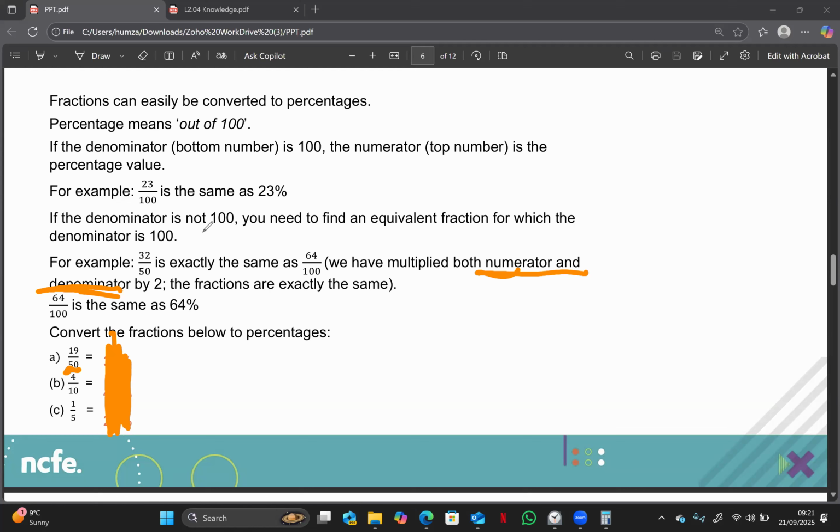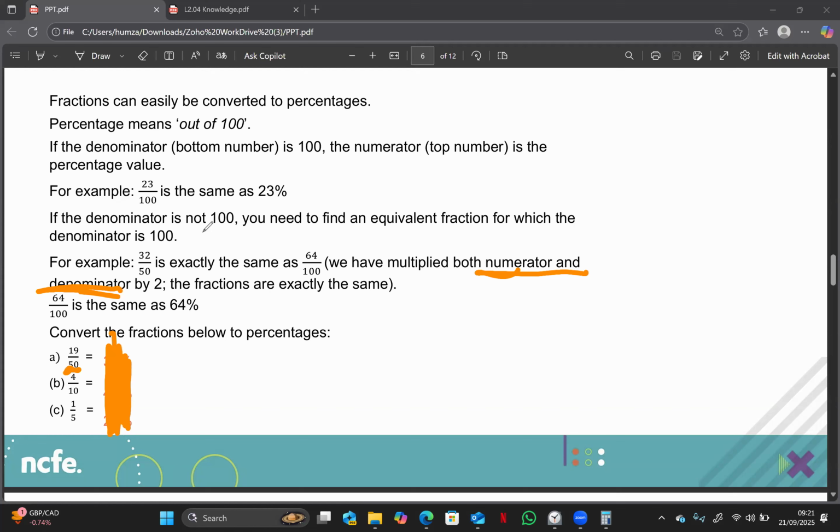If you divide 64 by 2, what's the answer? 32. Exactly.